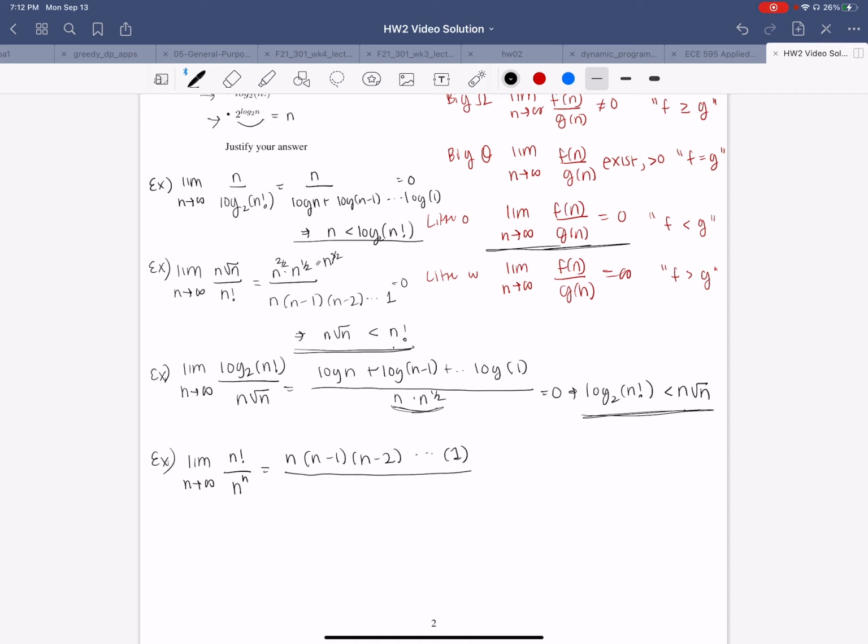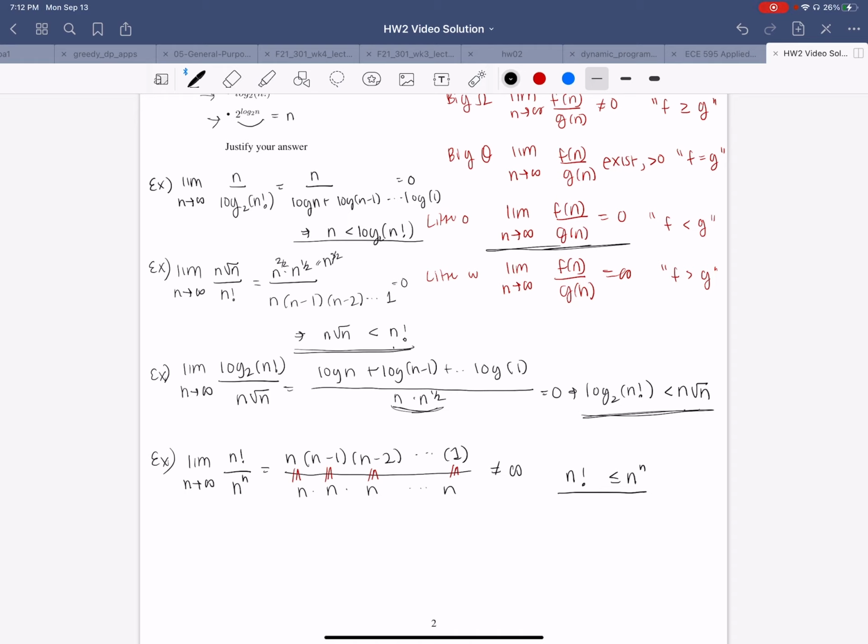And then the expansion of this would be n times n times n times n. So we can look over here and we can see that each of the terms on the top is less than or equal to n. So here we can make a statement that we know, since each of these terms is less than or equal to n, this is not approaching infinity. So we can say that n factorial is less than or equal to n to the n.